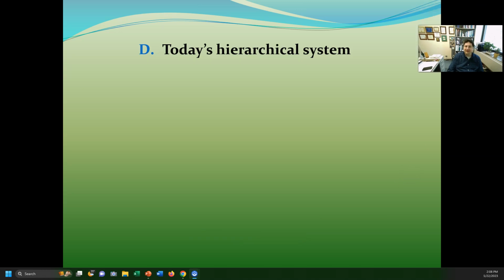So, today's hierarchical system. Now, by hierarchical, we mean we can either start small and get to bigger and bigger groups, or start big and get to smaller and smaller groups down to a single species. And that's what we'll do here. The largest category that living organisms can be placed in is called a domain.